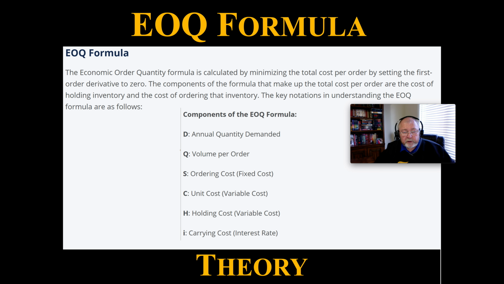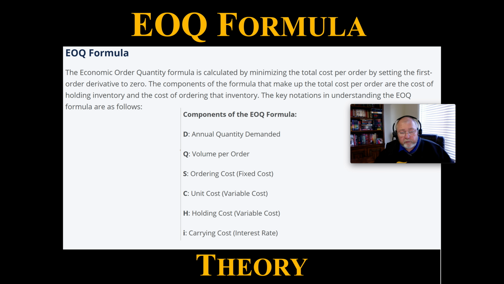There are several things we need to know, and those several things are represented by these letters: D, Q, S, C, H, and lowercase i. D is the annual quantity demanded. So what's our annual demand? Maybe it's 2,000 items. Q, how many items are in the order every time we order?